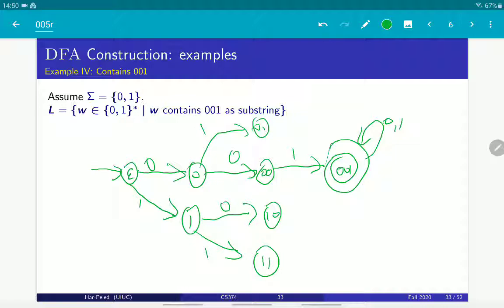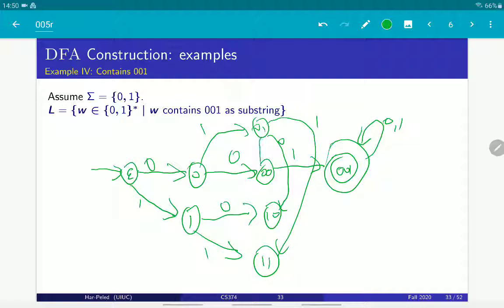So we're going to have the same transition we had before. 0, 1. If we get a 0, goes here. This was if we get a 0. If we get 1, we go here, and so on and so forth.